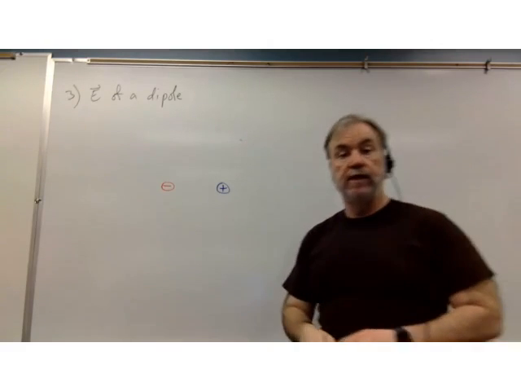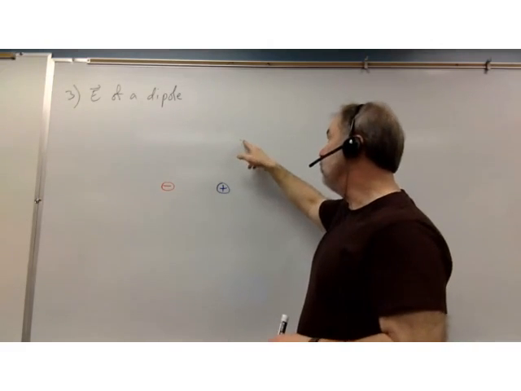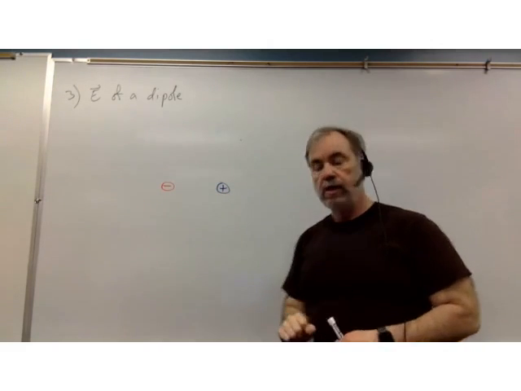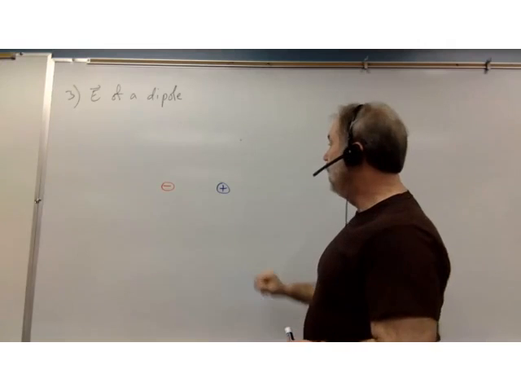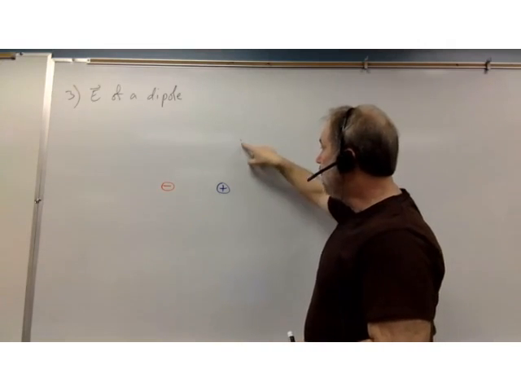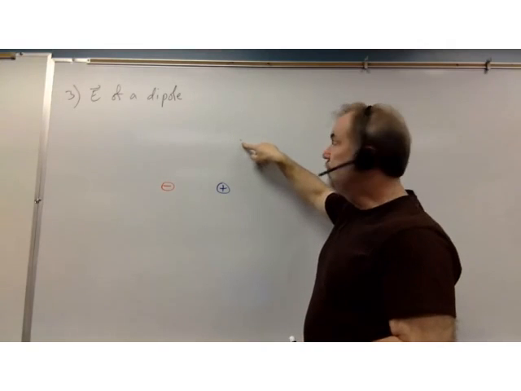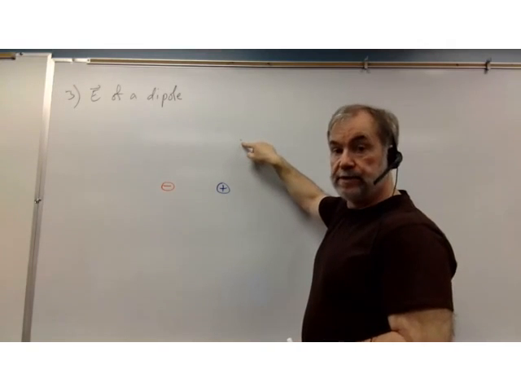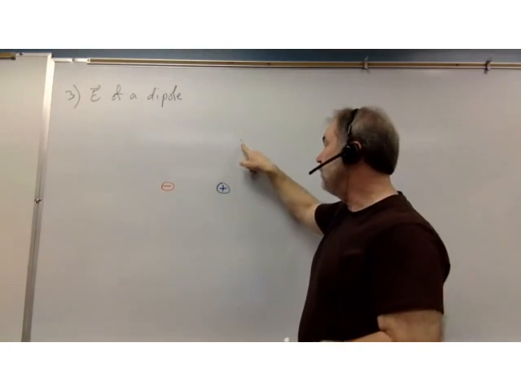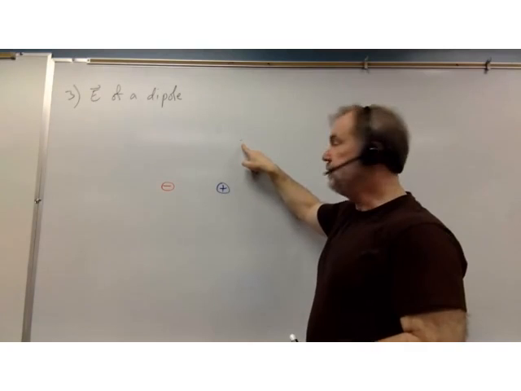Well, of course, there are two fields at this location: a field from the positive charge and another field from the negative charge. And so we analyze this. The first thing that leaps out at us is that the positive field, if I can call it that, is going to have a larger magnitude than the negative field, because we're farther from the negative than we are from the positive.